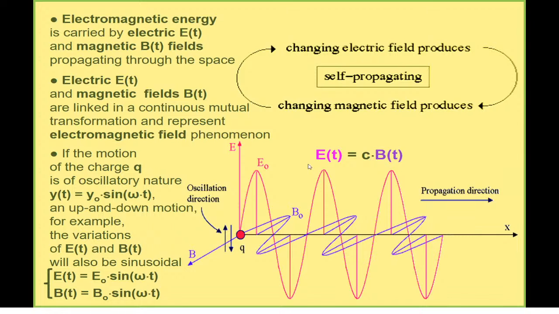So, you can see this combination, this continuous mutual transformation of the energy from electric to magnetic field, is going through space with this velocity, if we consider the vacuum or the air at normal condition. It is just electromagnetic energy that is propagating into space.